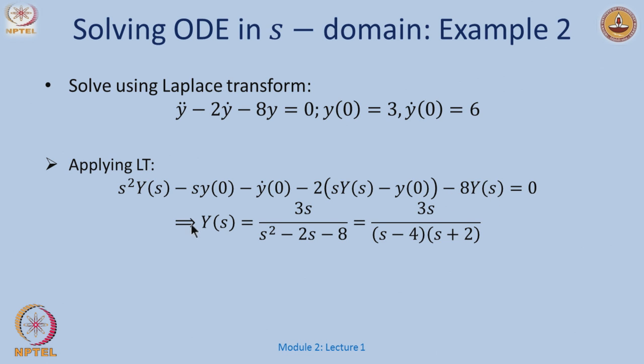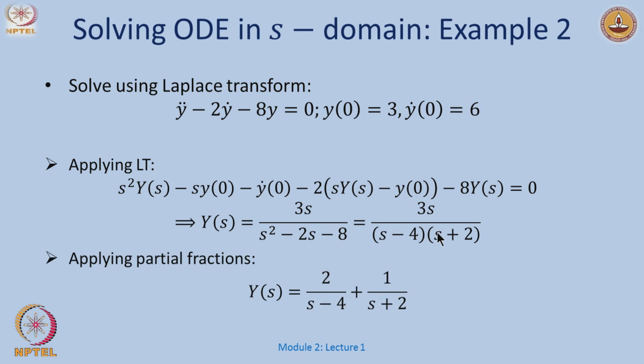So, this would mean that Y(s) could be written as an expression in s like this, 3s over s squared minus 2s minus 8, where the denominator could be written as a product of two terms, (s minus 4) and (s plus 2).